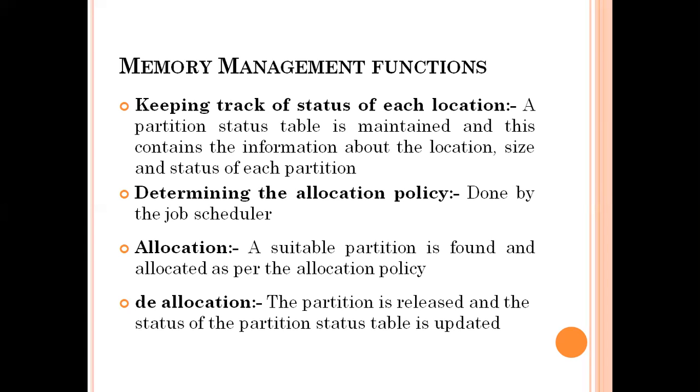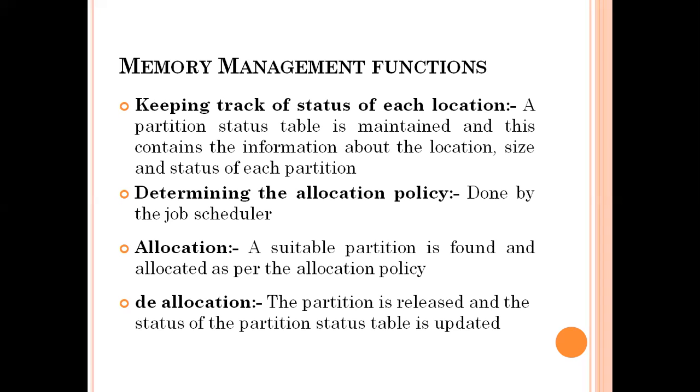After allocation, the status of that partition in the partition status table is updated. Before allocation, the status is free. Once a job is allocated to that partition, its status changes from free to allocated.